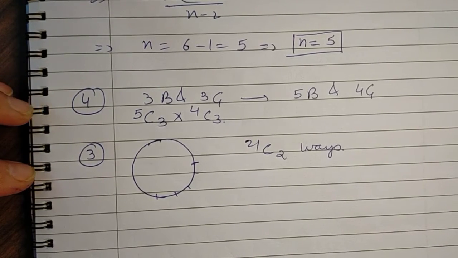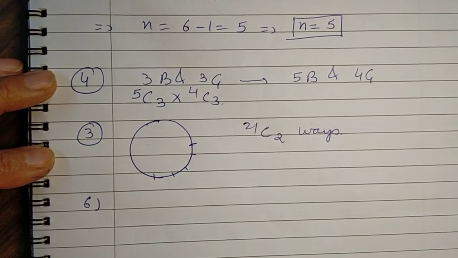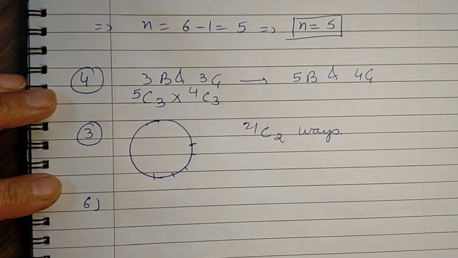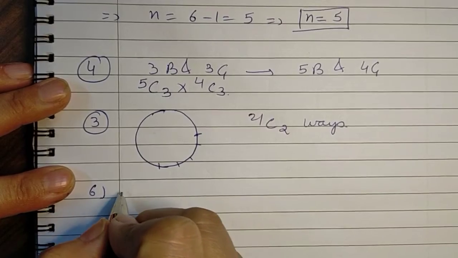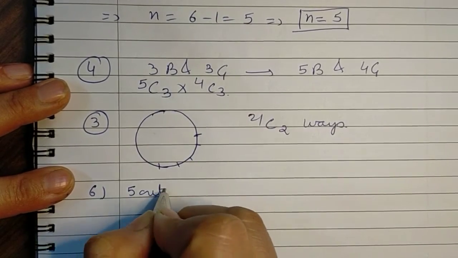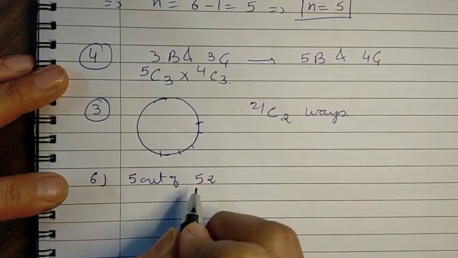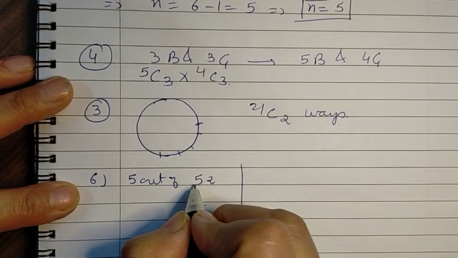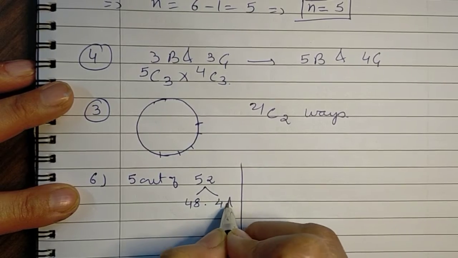Now let me take up one more question, that is question number 6. Question number 6 says, number of 5 card combinations out of a deck of 52 cards if there is exactly 1 ace in each combination. Now we have to choose 5 out of 52, but the constraint is there has to be 1 ace. Now in a pack of 52 cards there are 48 non-aces and 4 aces.